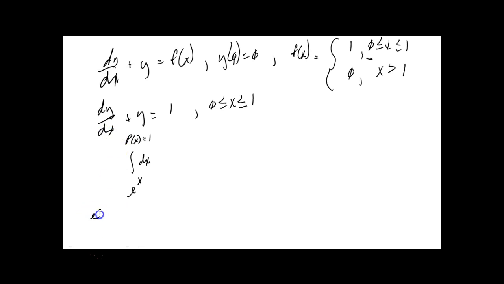So now we have e to the x dy/dx, the same as we did before, plus e to the x y is equal to e to the x. Okay? Because you multiply by 1. Is that left-hand side a perfect derivative? It was before, wasn't it? It's d/dx of e to the x y is equal to e to the x.